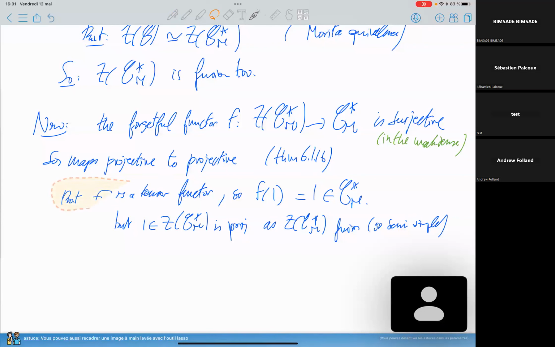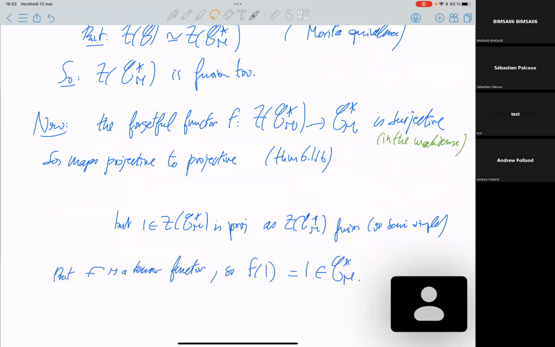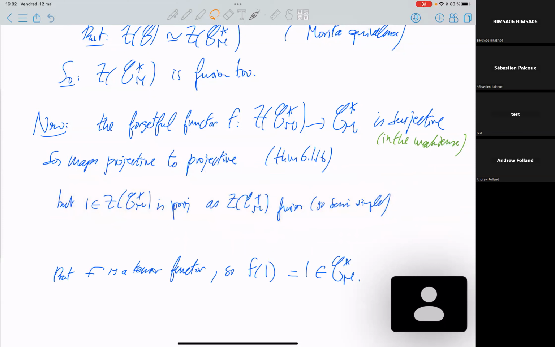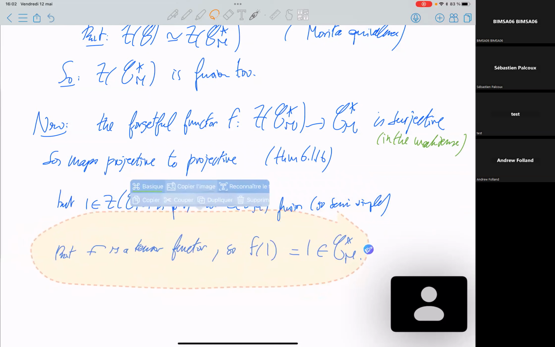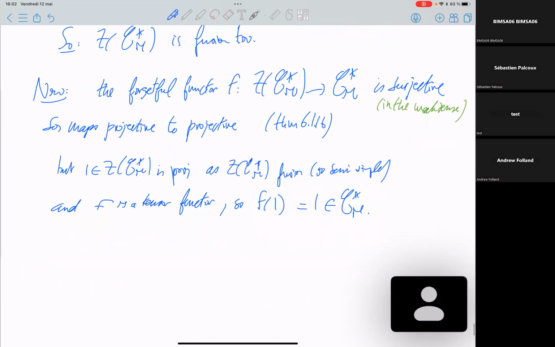And F is a tensor functor, so it maps unit to unit.